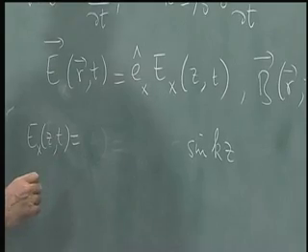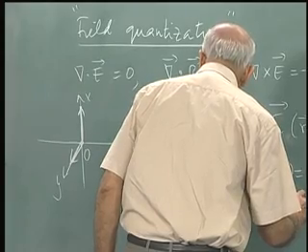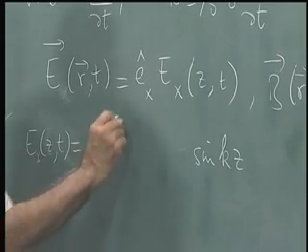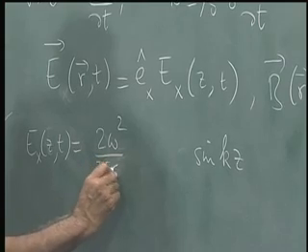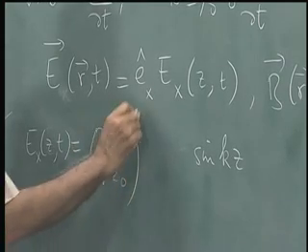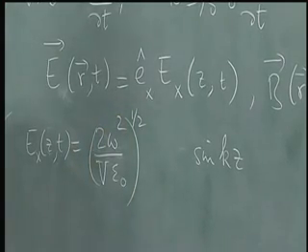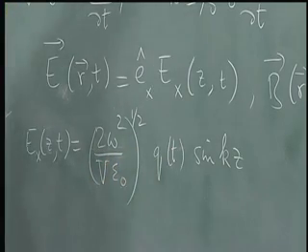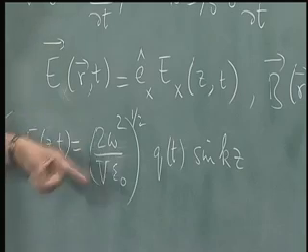With this normalization I would like to get this right: if the angular frequency is omega and the wave number is k, then (2 omega squared by V epsilon naught) to the power half, that is the normalization factor, and then some time dependent factor which I call Q of t. So these are some constant factors.